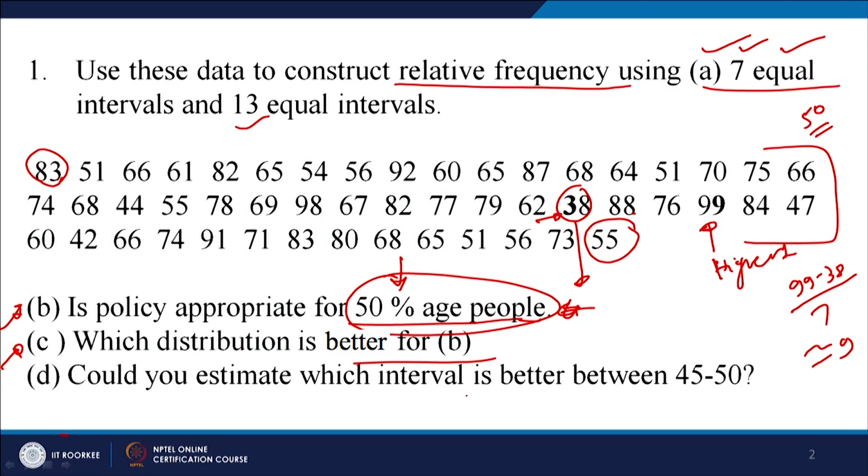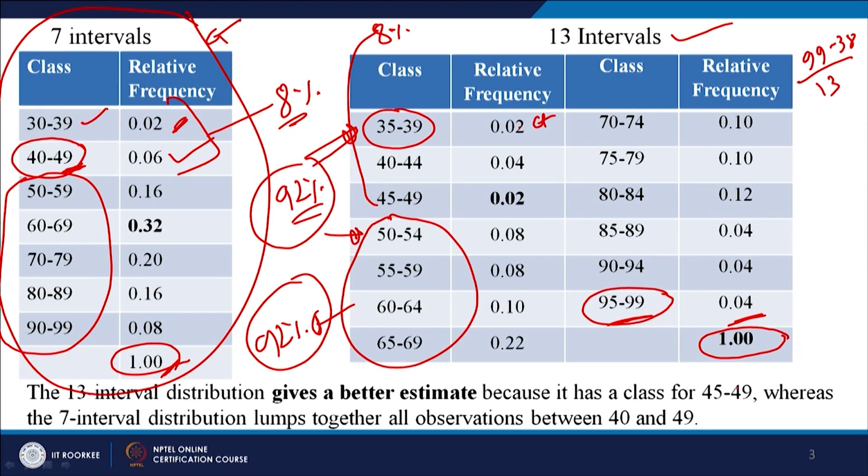Could you estimate which interval is better between age 45 and 50? There are two intervals, and we have to find out which interval is better at representing people having age 45 to 50. Do you have any class interval over here for 45 to 50? 45 to 50 is somewhere here, in this class interval. What about this one?